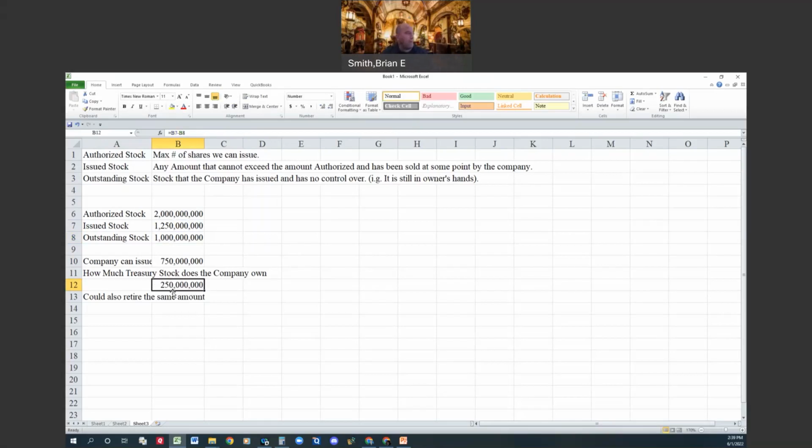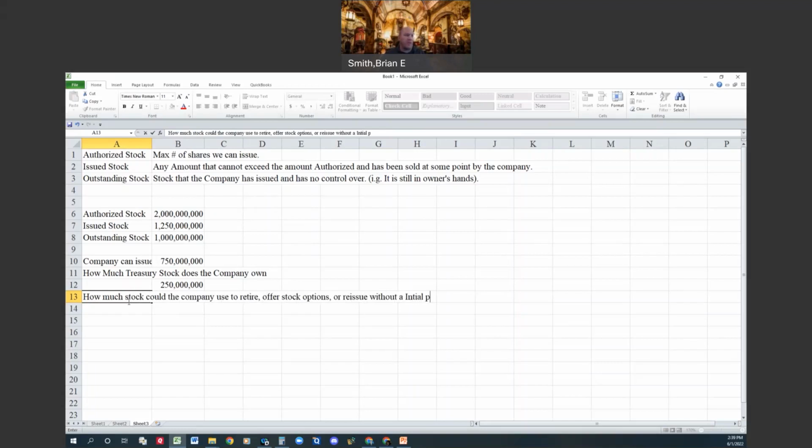And so the question I could ask is how much stock could the company use to retire, offer stock options, or reissue without an initial public offering, which is an IPO.